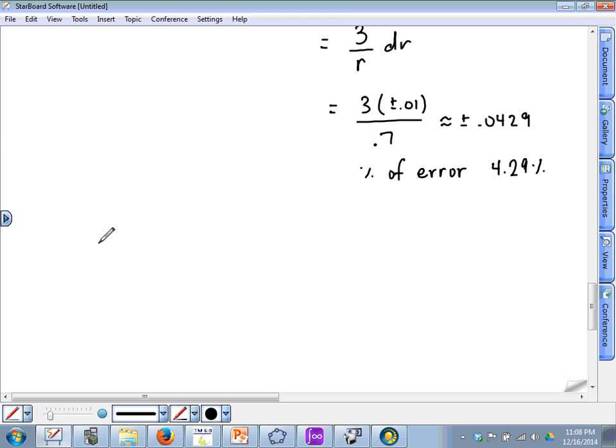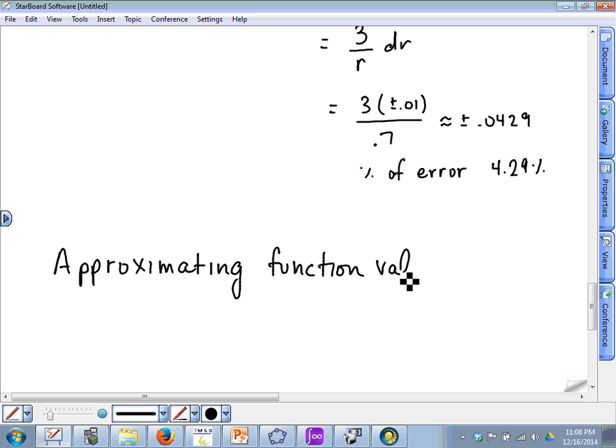So another application here of differentials is approximating function values.